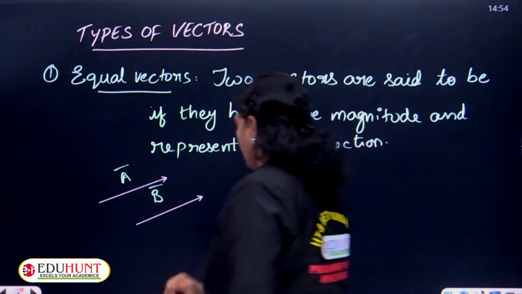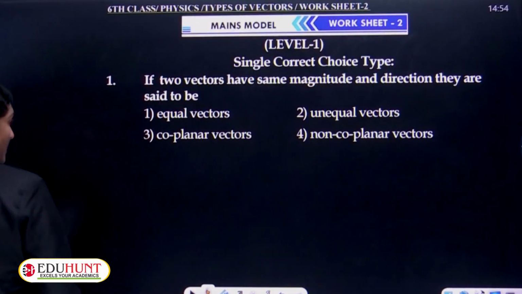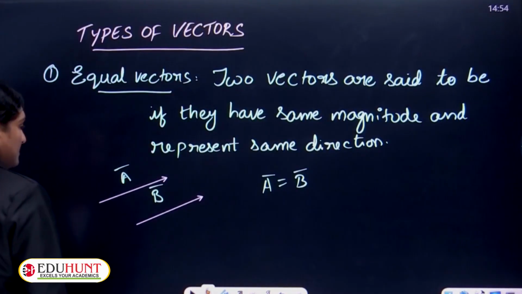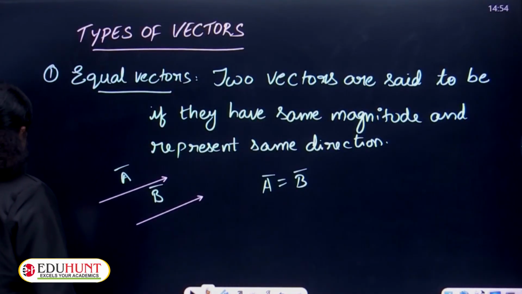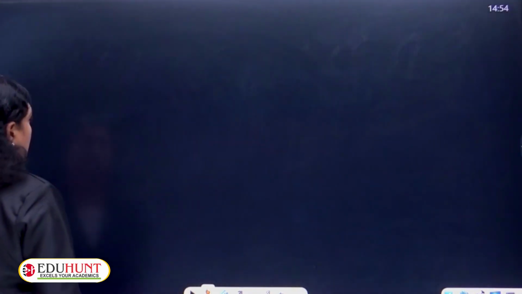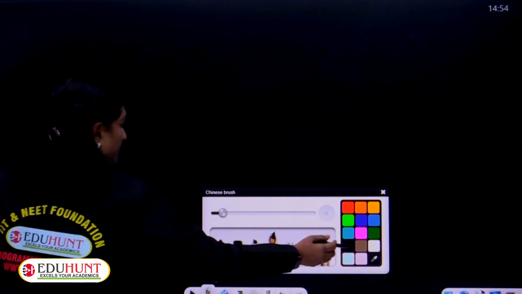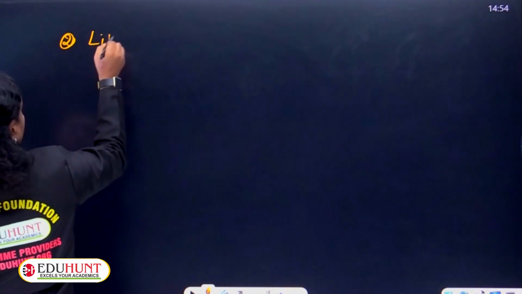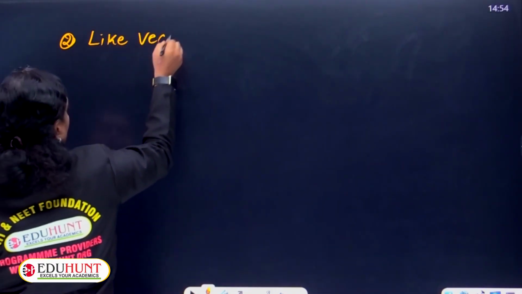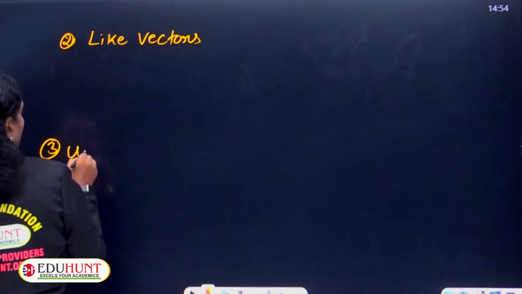Now, let us understand another type of vectors, children: like vectors. Here I would like to discuss two cases, one is like vectors and the other is unlike vectors.